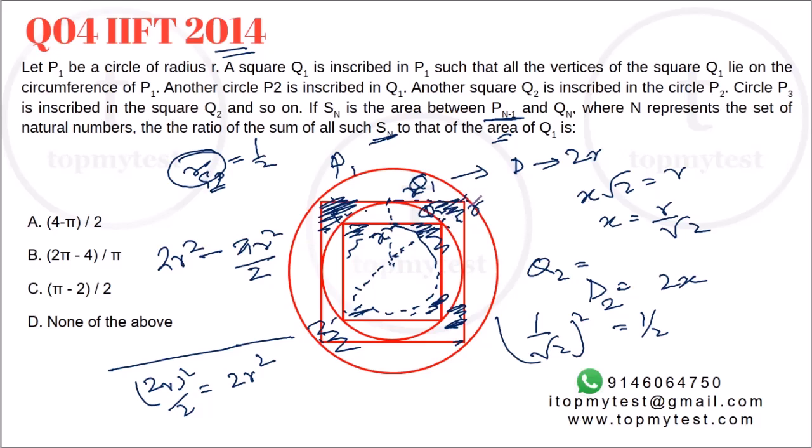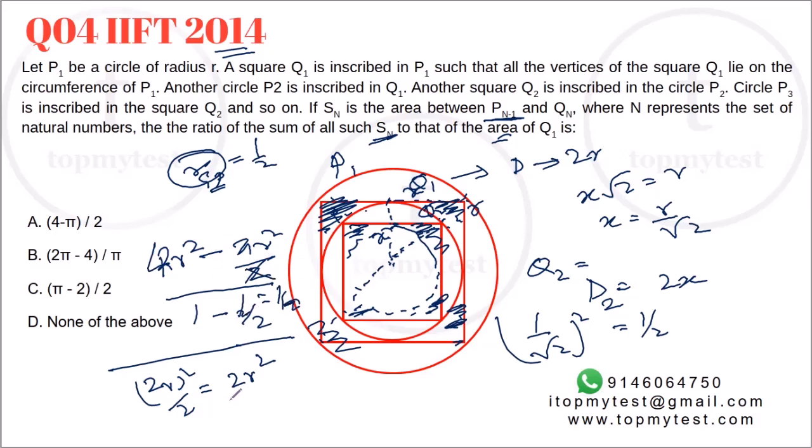Since it's an infinite geometric progression, the sum will be a divided by 1 minus r. What is the r of the geometric progression? Half. Once you do this calculation, the job is done. 1 minus half is half. If you take this 2 above, this will be 4, and this 2 will go.